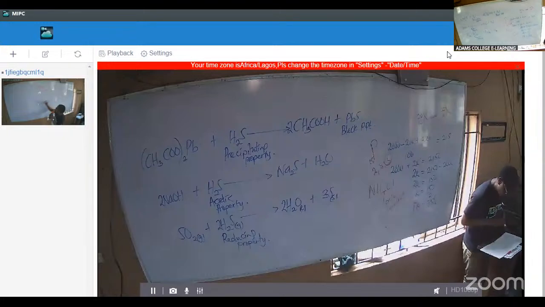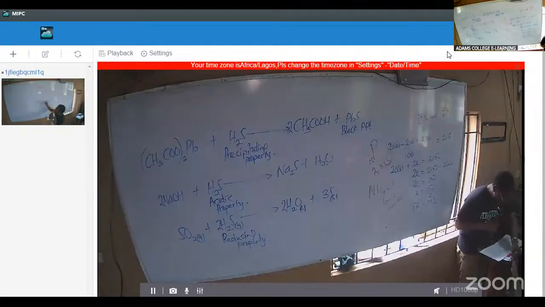Methane is a member of what homologous series? Alkane. And it has CnH2n+2.